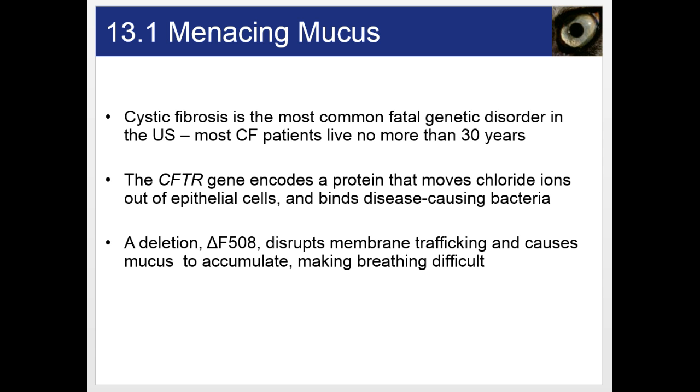The CFTR gene, cystic fibrosis gene, encodes a protein that moves chloride ions out of epithelial cells. So basically it's a membrane protein, a channel protein that moves the chloride ions that are in the cell to the outside.